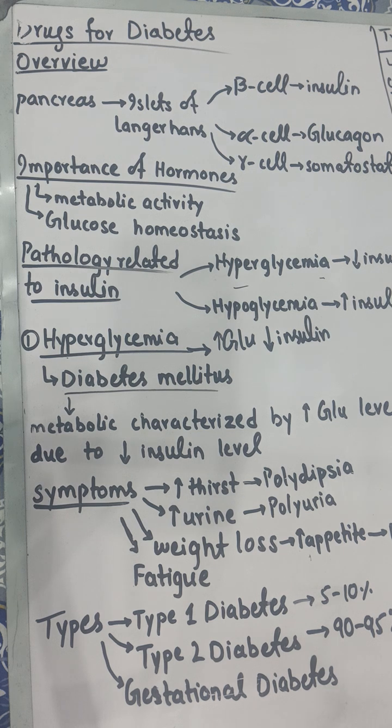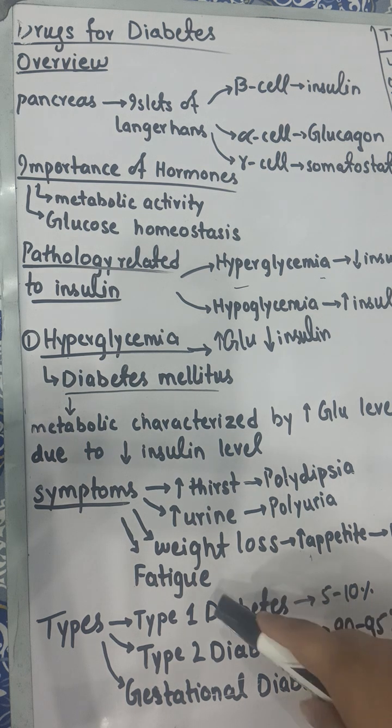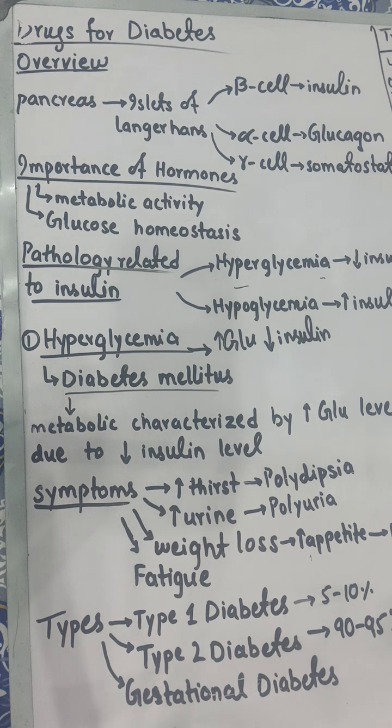Your body cells need insulin to move the glucose inside the cell and to make energy from that glucose. So due to the decrease in the level of insulin, your body cannot consume the high levels of glucose. Glucose begins to accumulate and increase in the body but cannot be used. Therefore weight loss and fatigue happen, because you are not using your glucose and cannot make energy from it, so you feel fatigue.